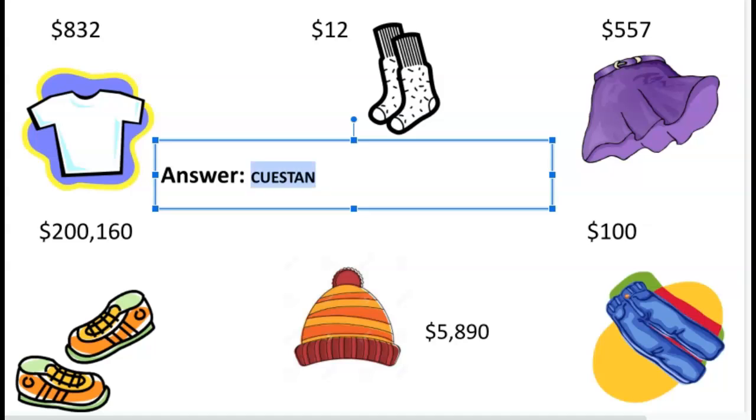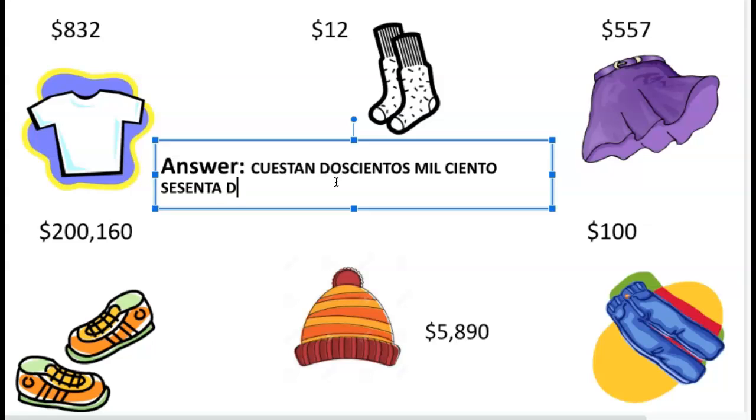Let's just scoot that on down. Cuestan because they're shoes. And we're going to go with $200,160. Wow. 200,000. That's 200,000. 160 dólares. There it is. There's your answer. How we doing?